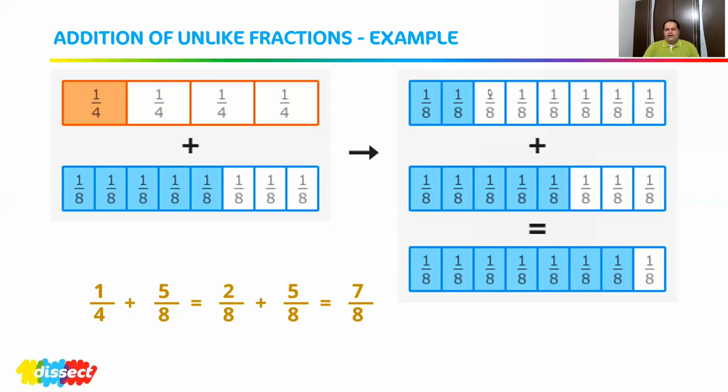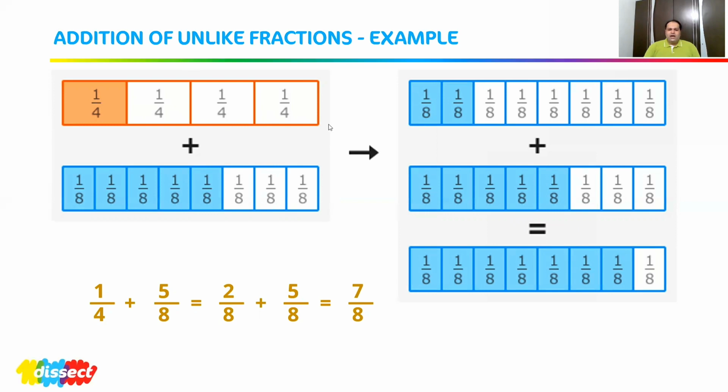And now our fraction transforms into a total of 8 parts, out of which 2 will get selected, because this one piece is equivalent to 2 smaller pieces. So I have converted my fraction from one form to another, keeping the value the same. This is what equivalent fraction means. 1 by 4 has now transformed into 2 by 8. My value hasn't changed, but the way in which I express the fraction has changed.